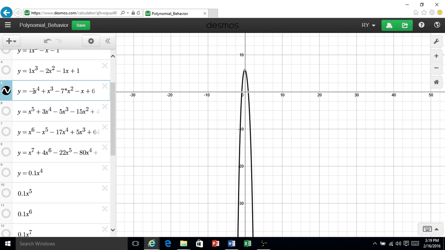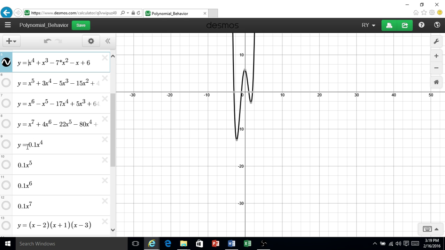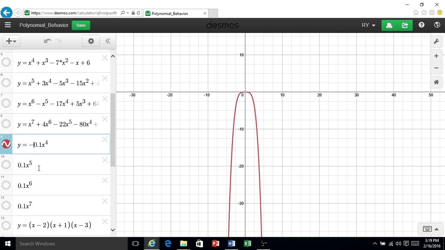So now the leading coefficient is negative, and we see that we just turned the graph upside down. Well, not completely. We turned the highest order part of the graph upside down. Now because this only has one term, for this one we can turn the whole graph upside down just by multiplying it by -1.